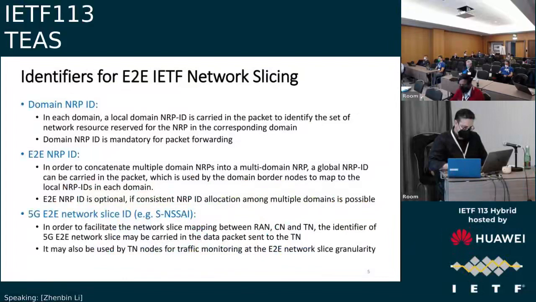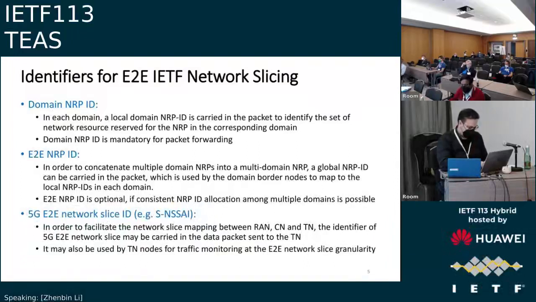Okay, so here we also change this terminology. We use the local domain NRP ID to indicate the identifier for the specific network resource partition. And we also have the global NRP ID to represent the global network resource partition.